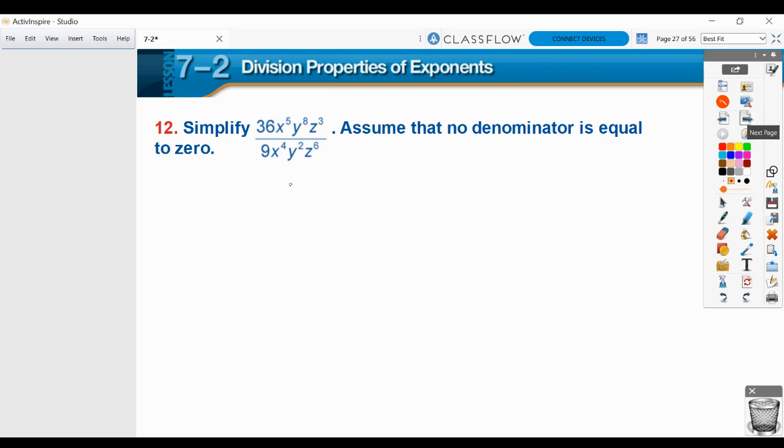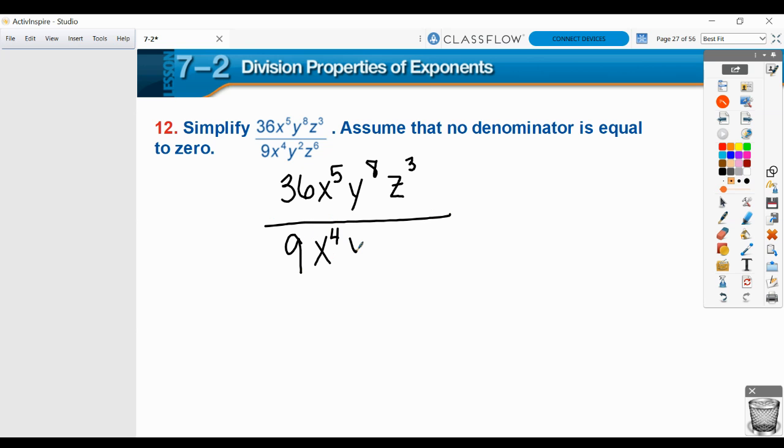Okay, here's another long one. So you have 36, x to the 5th, y to the 8th, z to the 3rd, over 9, x to the 4th, y squared, z to the 6th. Draw out your fraction bar. Okay, actually divide 36 divided by 9.